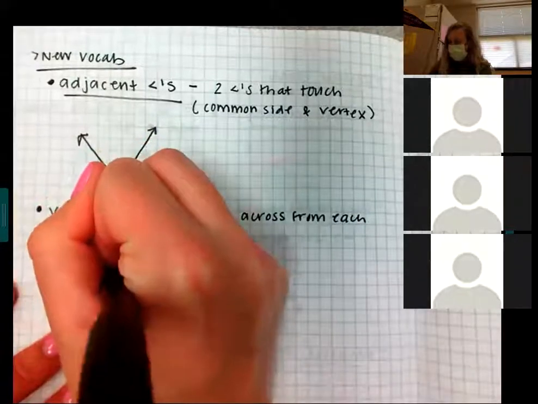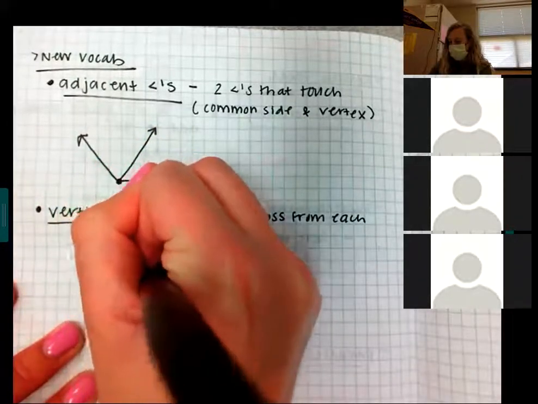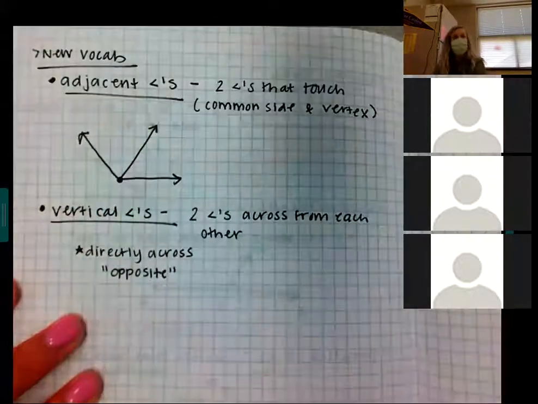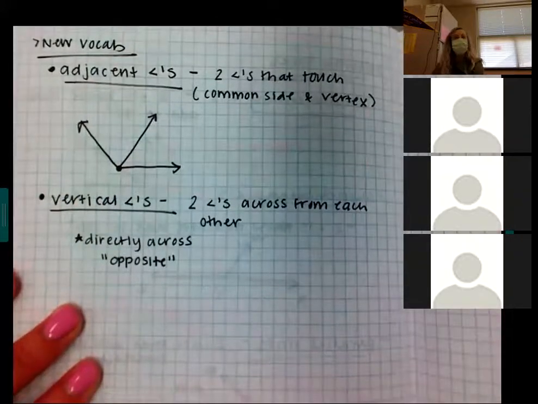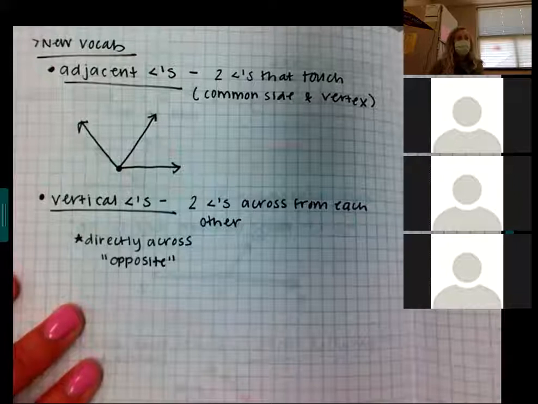And I'm writing the word directly across because y'all be getting a little crazy and go like across the whole big picture and try to tell me those are vertical. They got to be directly across from each other.